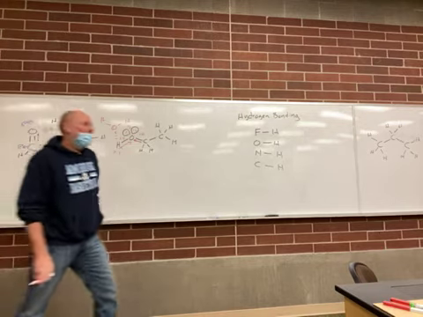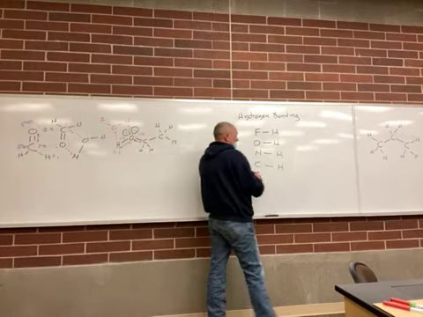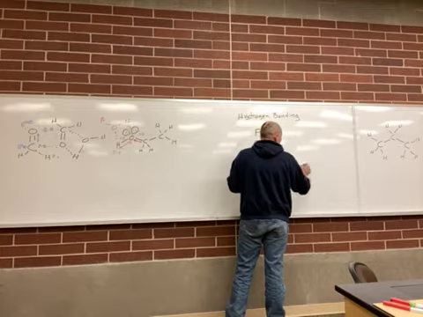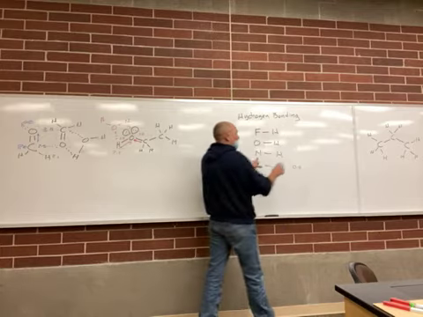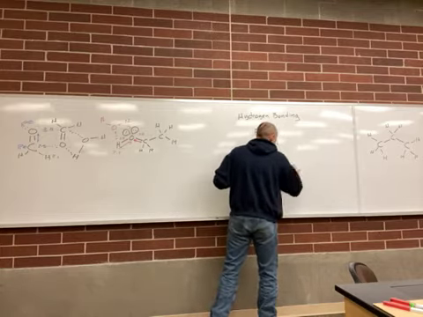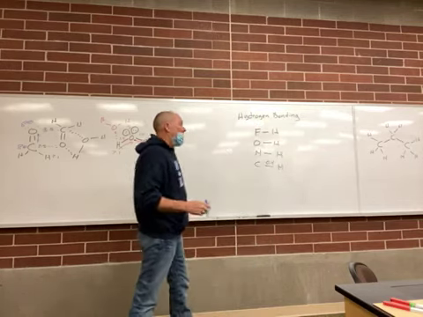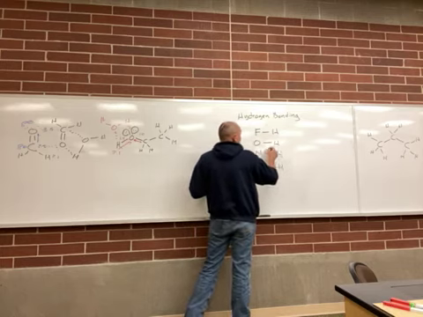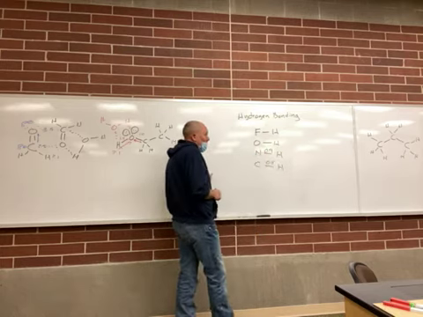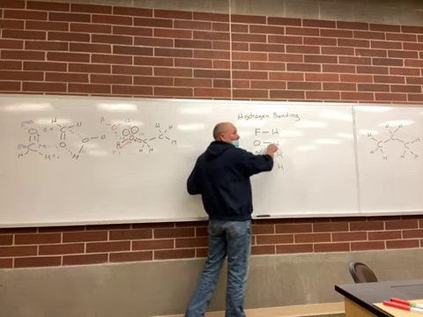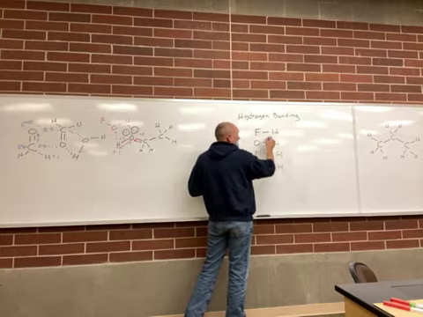So, notice my delta EN here is 0.4. My delta EN here is, I'm going to put it on the left side, 0.4. Put it right there, just keep it out of the way. Okay? My nitrogen hydrogen is going to be 0.9. All right? My oxygen hydrogen, 3.5 minus 2.1 is 1.4.